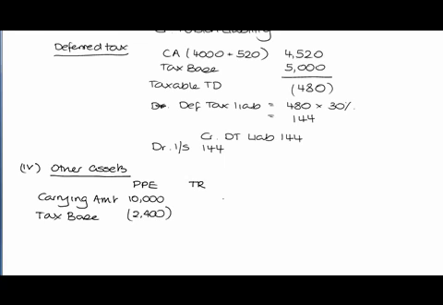Trade receivables, our carrying amount is 7 million and our tax base is 7.5. So this might be because the tax authorities have been stricter on receivables allowances. Other receivables, carrying amount 4.6 and tax base 5 million.